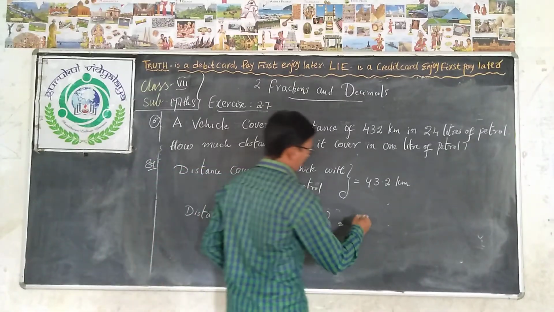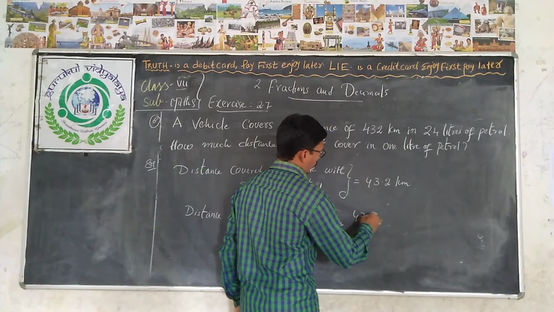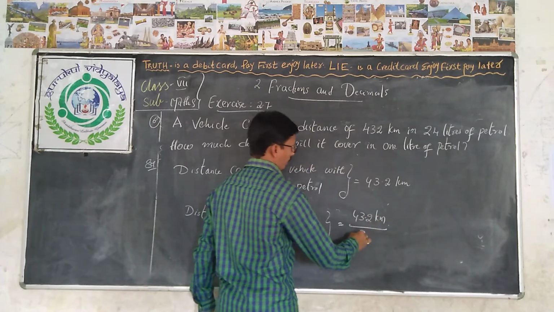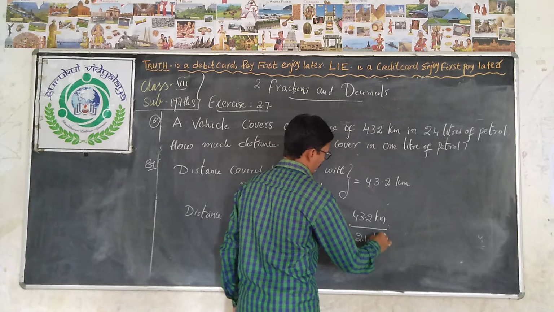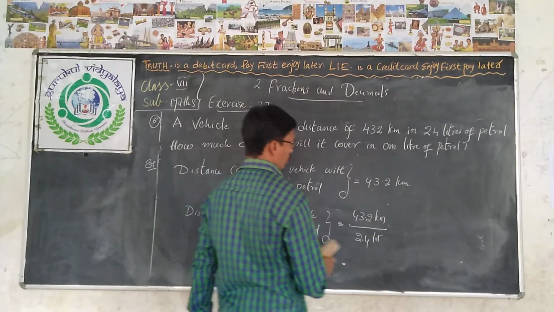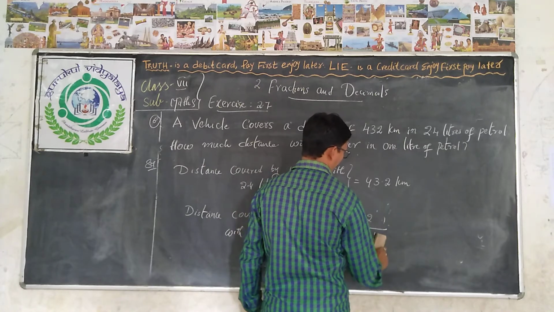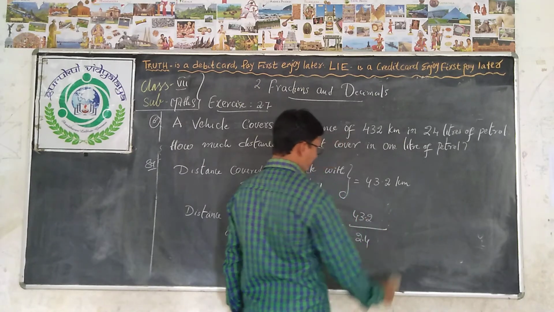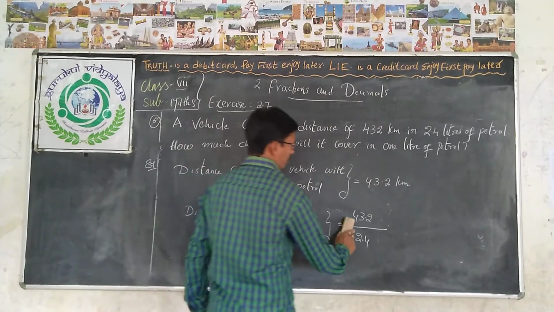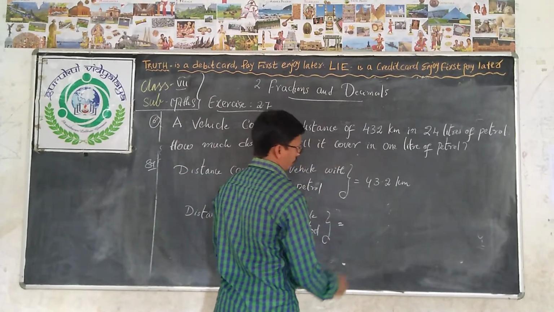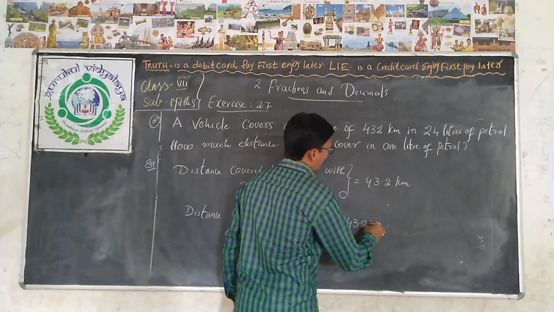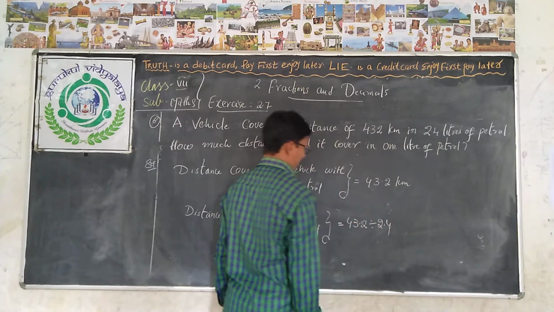That means 43.2 kilometers by 2.4 liters of petrol. Okay, just remove the units. 43.2 divided by 2.4. Children, see. Already you know how to do the division. 43.2 divided by 2.4.